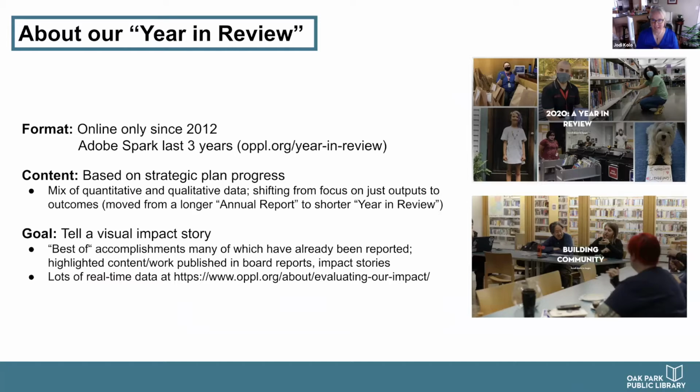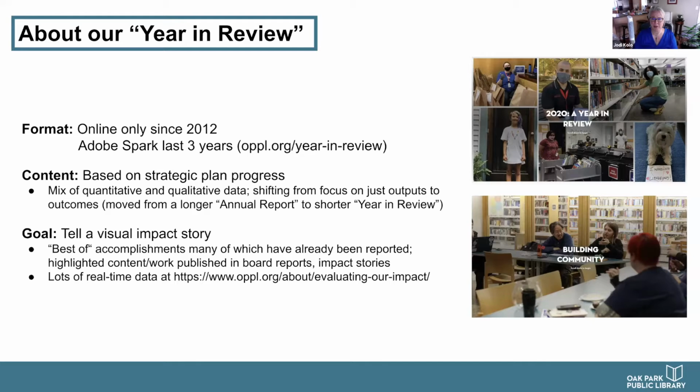A 4th was added for this calendar year, anti-racism. And we use that as the framework of the funnel for how we're going to gather information to include throughout the year. Our goal, in addition to sharing information and why or how we impact residents in the community, is to tell a visual story.